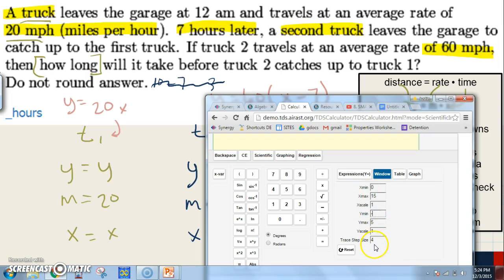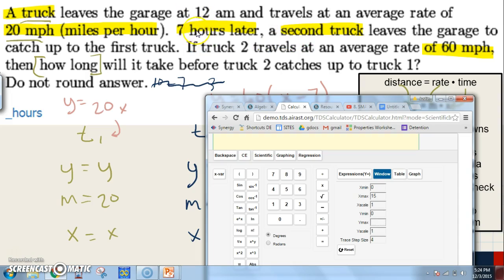Now for distance, or y, well, you can't go negative distance, so we'll make that 0. For the maximum distance, well, we don't know the distance exactly, but there's an easy way to figure out roughly what the distance is. Think about it. If the second truck leaves 7 hours after the first one, that means that this first truck has been traveling 7 hours before this second truck has left.